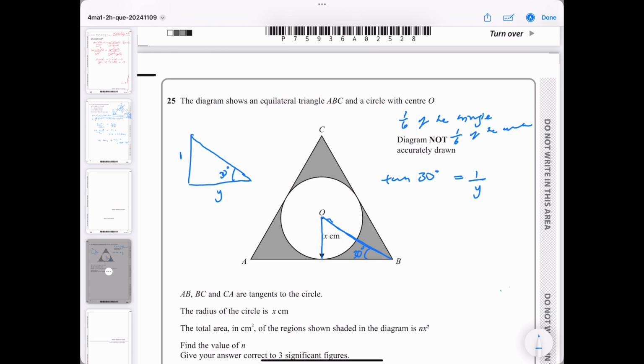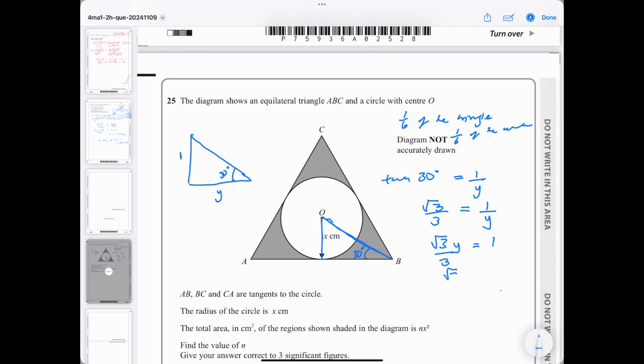And we know what tan of 30 is because it's an actual thing. It's √3 over 3. So we know √3 over 3 equals 1 over y. And that means that y would equal, we can times that up, so √3y over 3 equals 1.